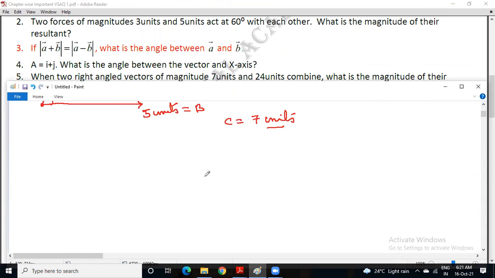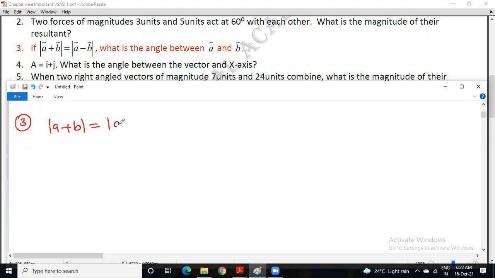If mod of A plus B is equal to mod of A minus B, if you elaborate making use of the parallelogram, you can write this as A square plus B square plus 2AB cos theta is equal to, on the right-hand side, A square plus B square minus 2AB cos theta.